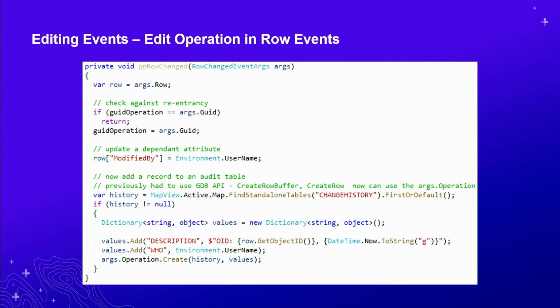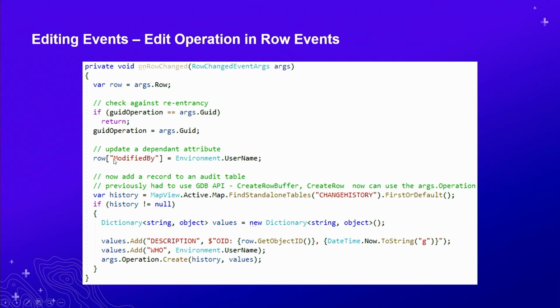Here's an example on row changed. I'm getting the args. I'm not going to go through this code here, but it's important to be aware of reentrancy, because if I'm making a modification to the row that's coming in, I'm going to fire another row changed event. Narelle hopefully will talk about this during a demo, but I'm just going to brush over that code.